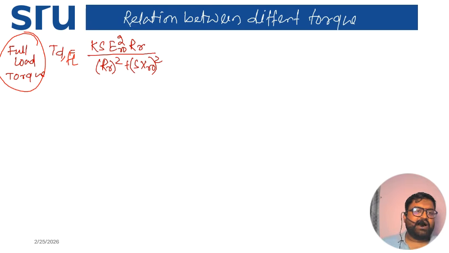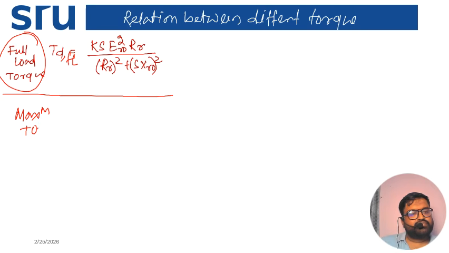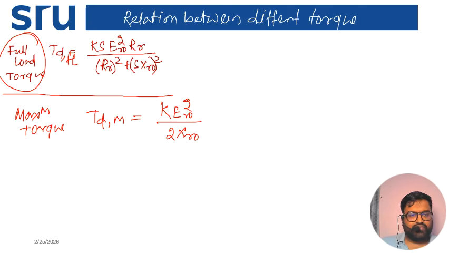Another torque is the maximum torque. We denote the maximum torque formula as TDM. That is nothing but K ER0 square divided by 2 into XR0. This is the maximum torque condition.